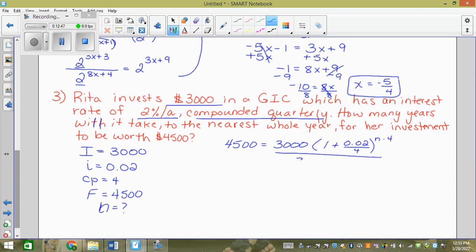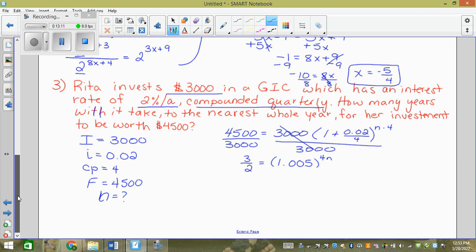So the first thing I do is divide the 3,000 over. And I'm going to get 3 over 2 equals 1.005 to the 4n.